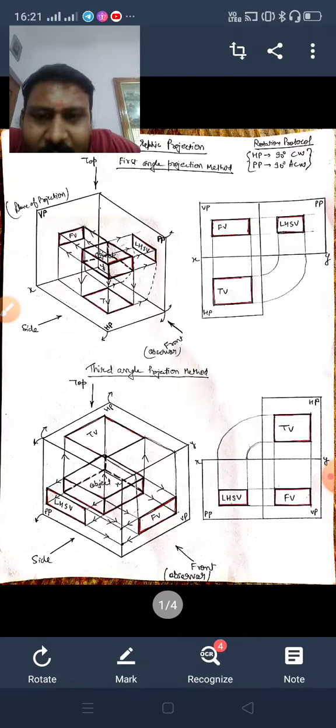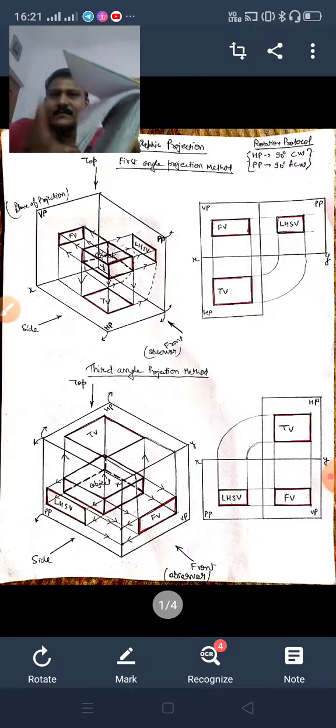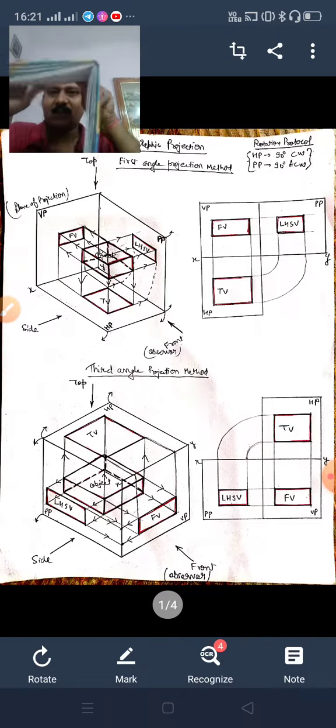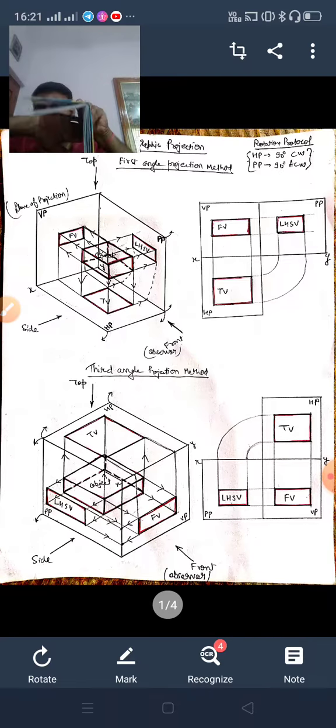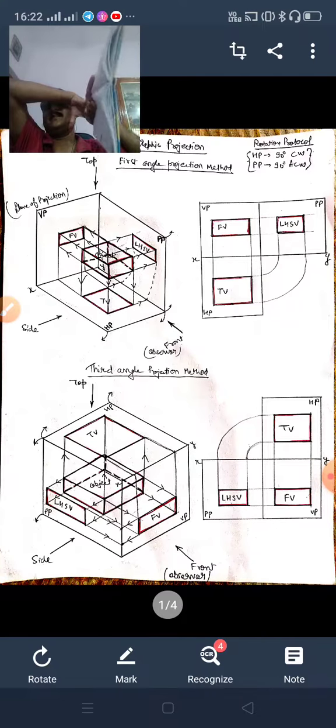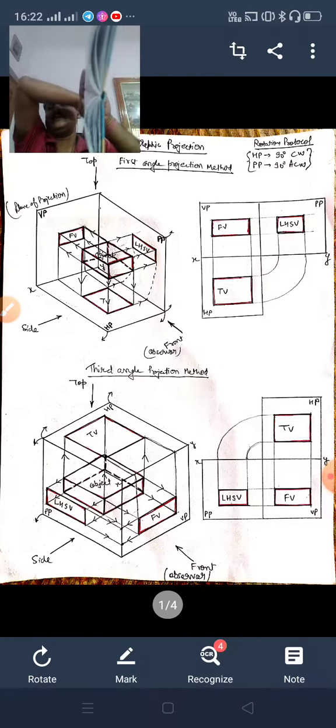So I think this is clear. Now moving forward to the third angle projection method. See, what is this? Here also the object is kept, but since we know that the third angle, this is the condition. This is HP, this is VP, and this is my profile plane. So I have to move it here and I have to rotate it like here. So this is my HP, this is my VP below the XY line, and inside of VP I will get my profile plane.